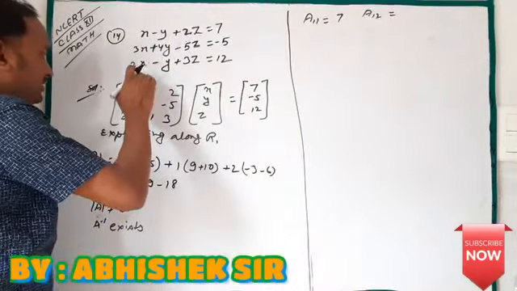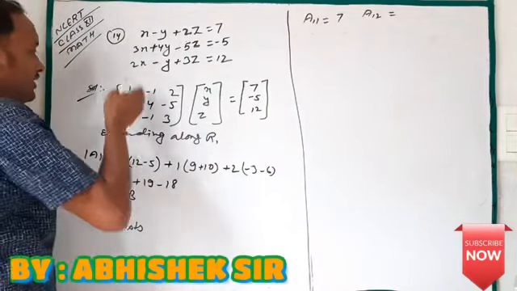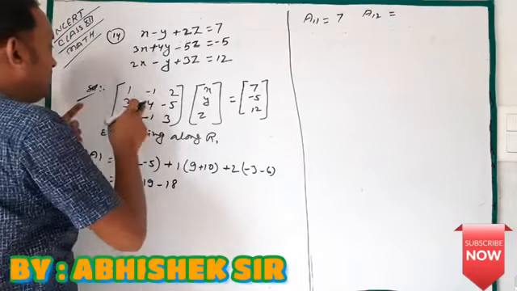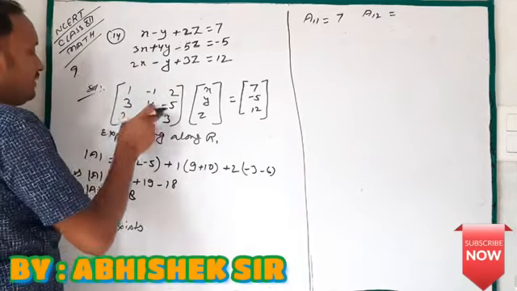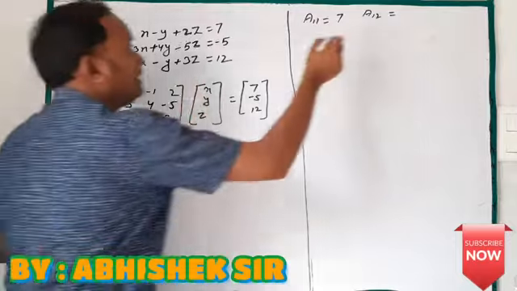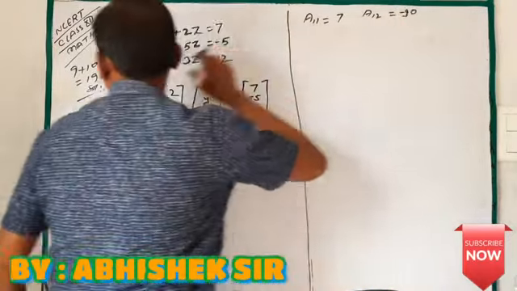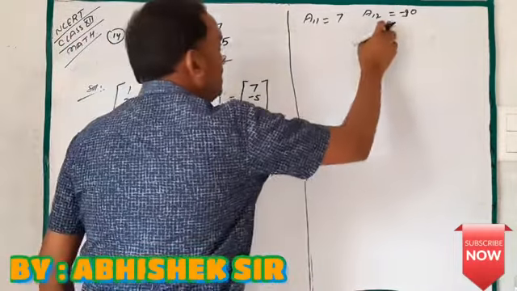Row first and column second. First row, second column: 3 3 is 9, 5 2 is 10, plus 10, 19. Minus 19 because of the sign.